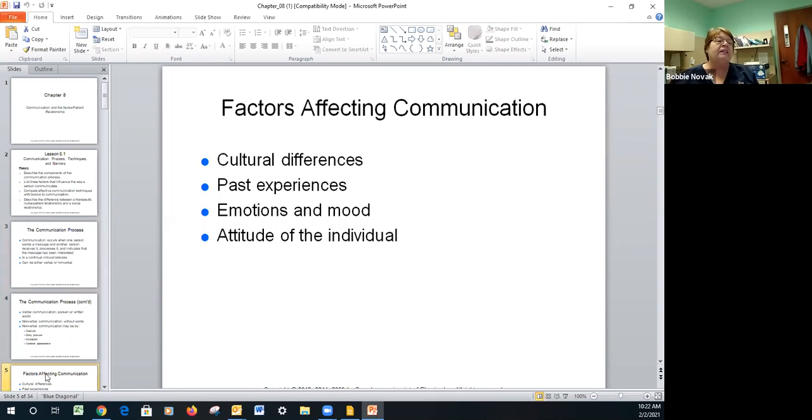So, things that affect communication. First one would be cultural differences. Many different cultures have different ways of communicating with people. A lot of it has to do with how close they get to people, and eye contact is another issue with cultural difference.